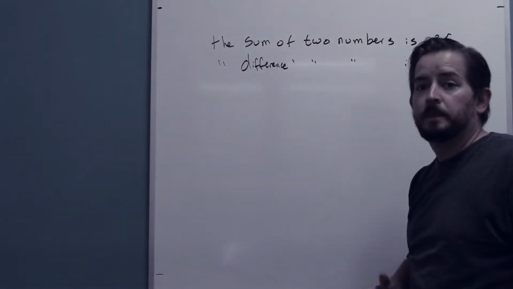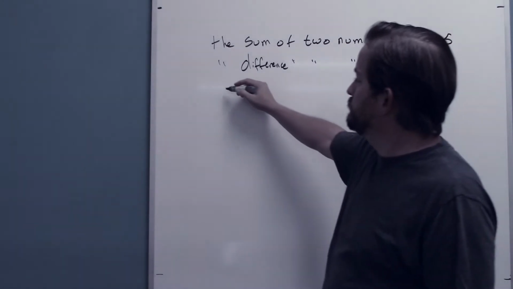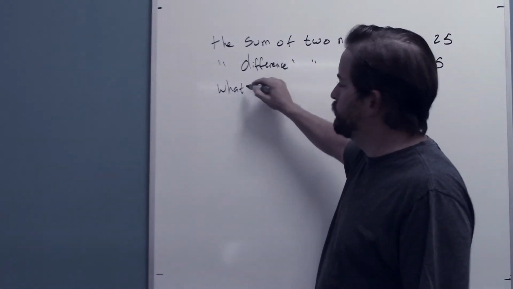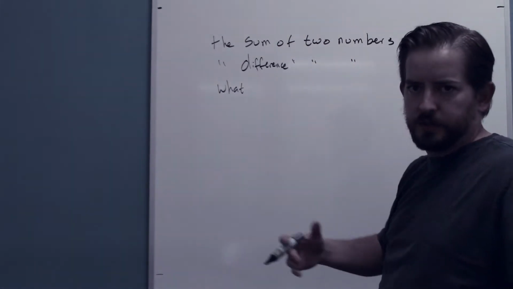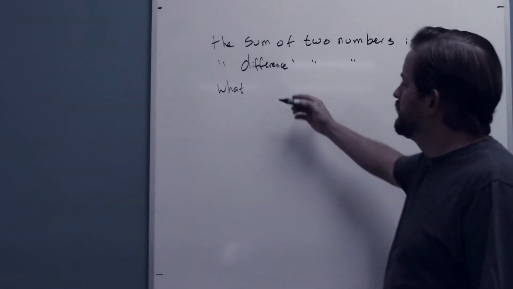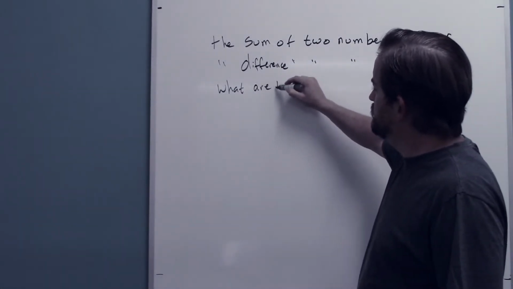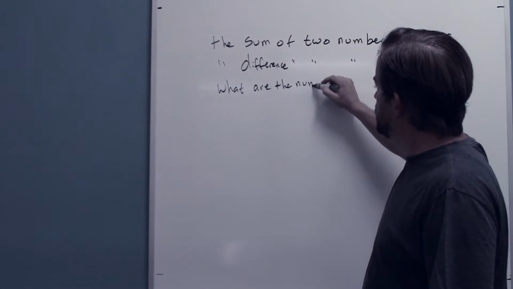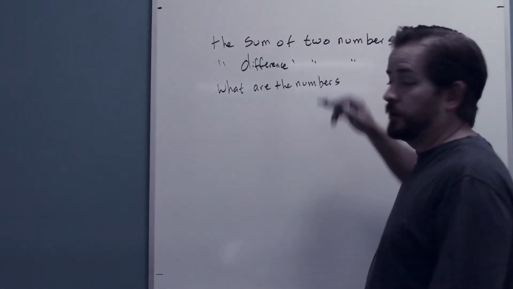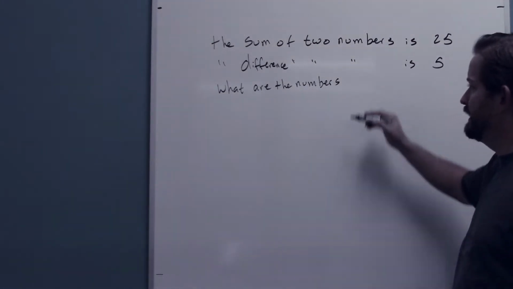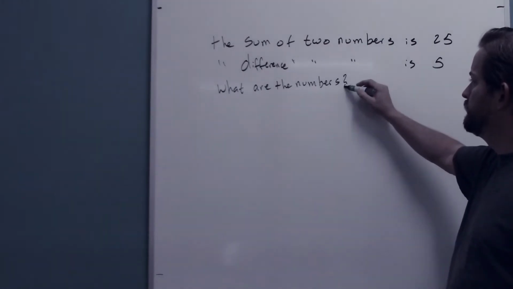And the question here is, what are those numbers? Not very story-esque, it's just, hey, there's a number, here's a number, we've got to figure out those numbers. But we'll get into some that are more story problems.